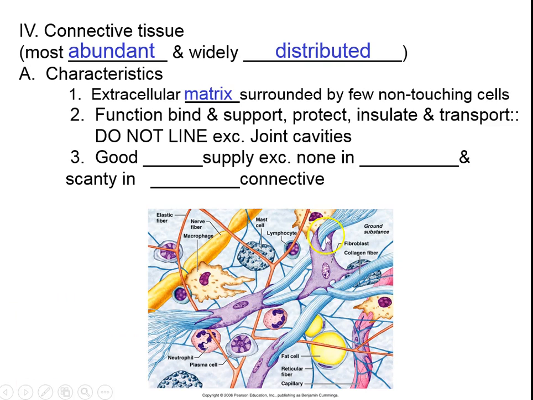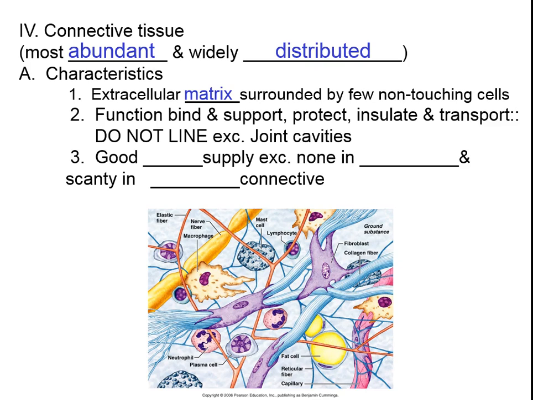So if you look at this picture of just a typical connective tissue, you can see different kinds of cells, and they're just spread out. They're not stacked one after another. And so this stuff that's in between the cells is called the matrix, and that's where the connective tissues vary. In bone, that matrix is hard calcium phosphate salts.